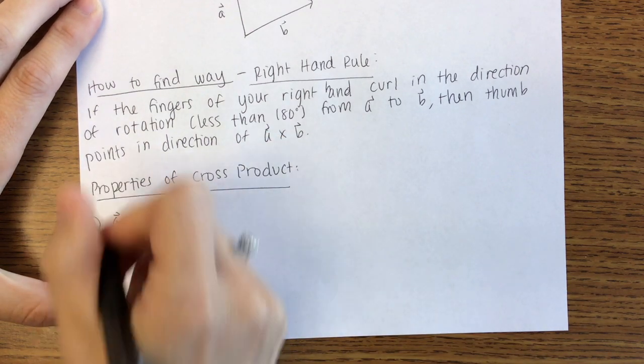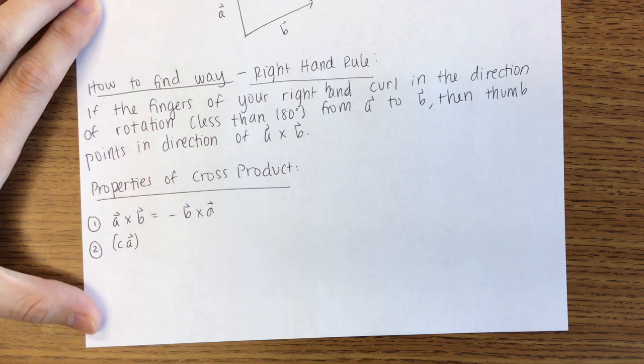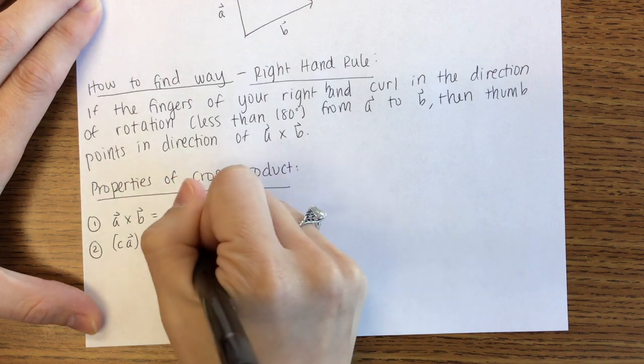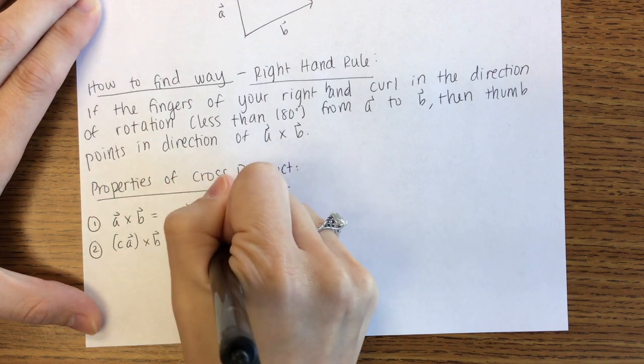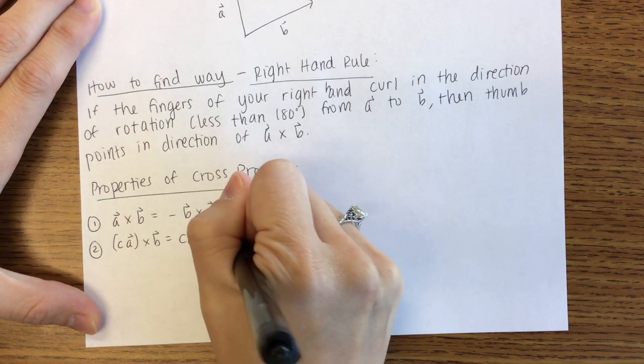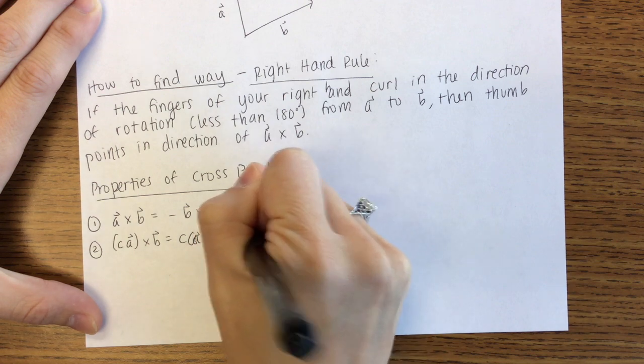Next, if I have some constant c that I'm multiplying by vector a, and then I cross by b, that's the same as first crossing a and b, and then multiplying by c, or taking c and multiplying by the second vector and crossing the two.